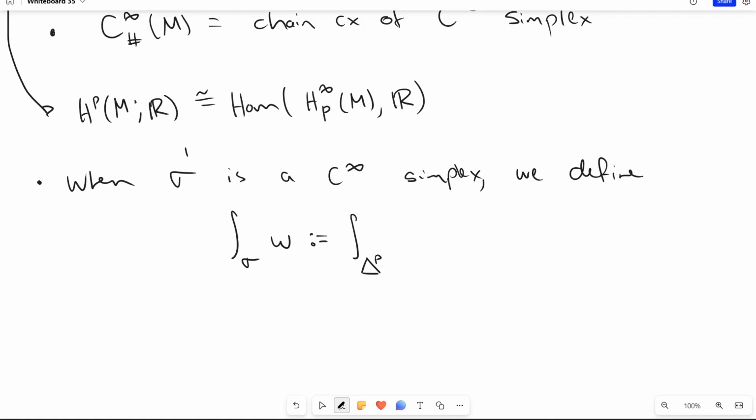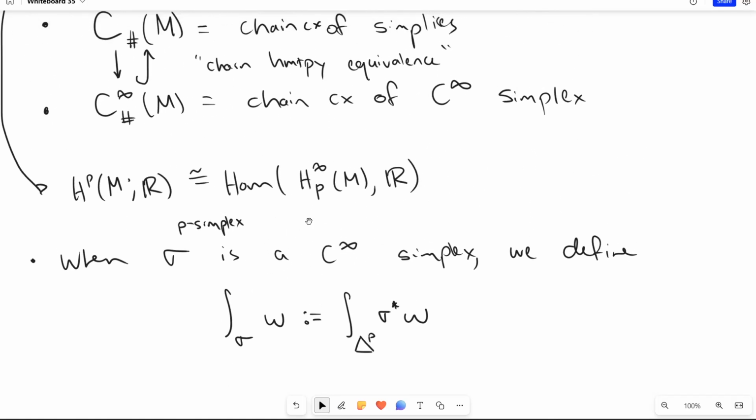Let's say this is a p simplex, and omega is a p form. We say that this is the integral of the sigma pullback of omega. And then we can similarly define, if we replace sigma with a sum of simplices, so sigma is instead a chain, we just use linearity to extend the definition.